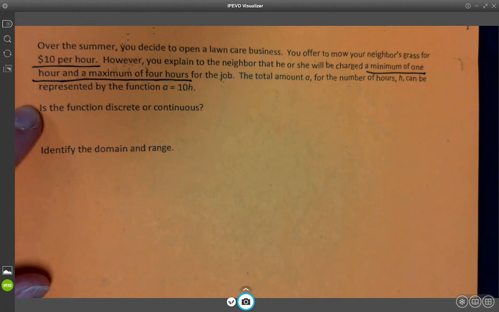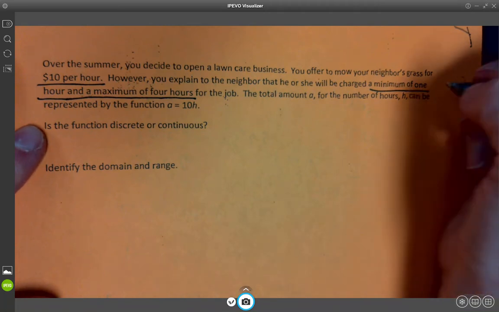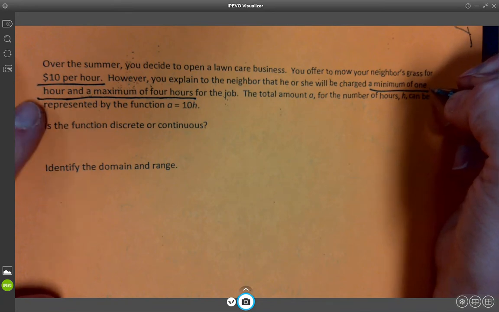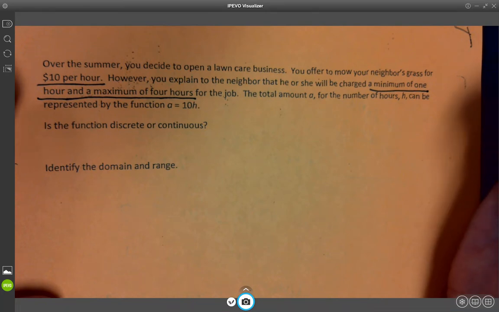So we've got to think about, can we have parts or is it only wholes? So we're talking about hours. Can you charge them for an hour and a half? Yeah. Can you charge them for an hour, or let's say 2.5 hours, 2 hours, 3 hours, 3.5, 3.75?